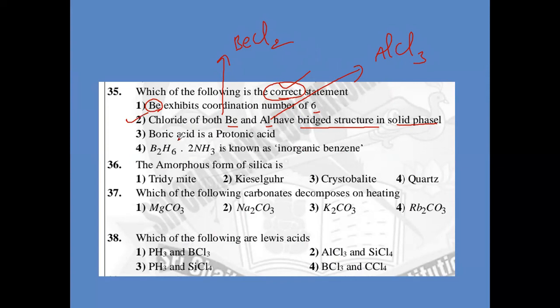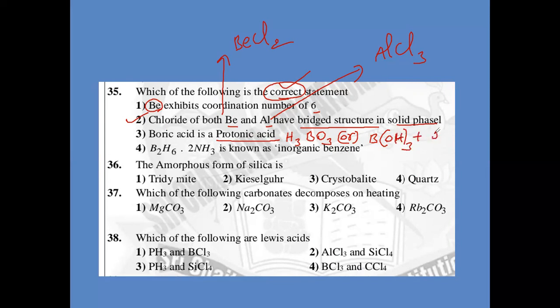Okay, next one. Boric acid is a protonic acid, they say. Protonic means H+ ion should be given. Boric acid formula is H3BO3. So it does not produce H+ ion. It will accept one OH-. It will be written as B(OH)3.